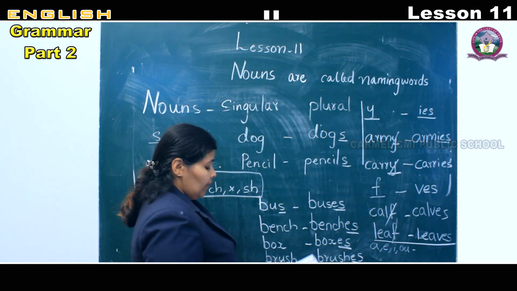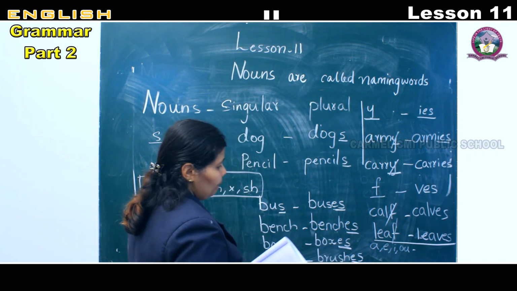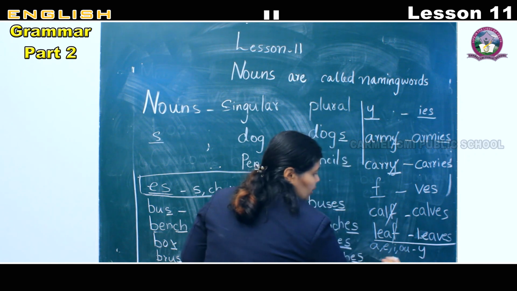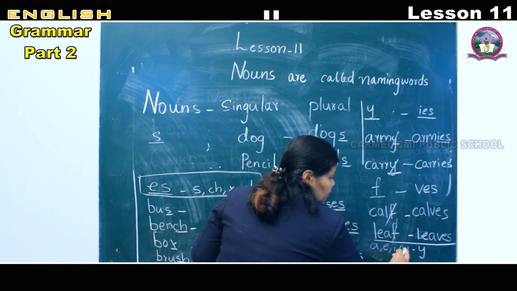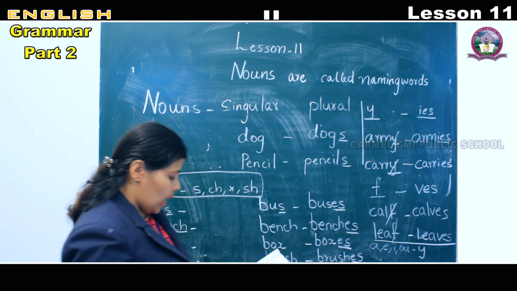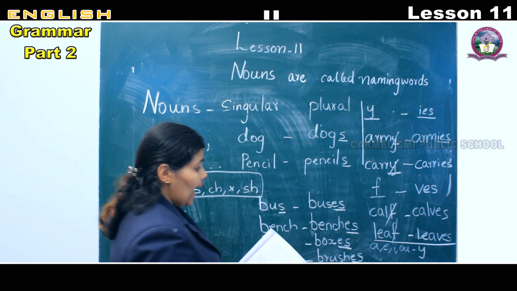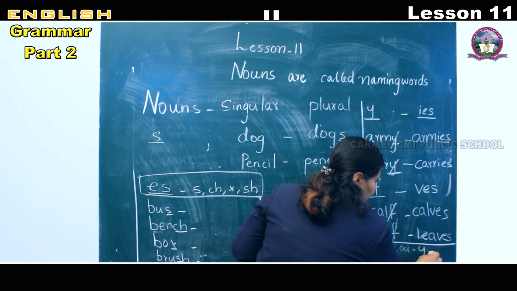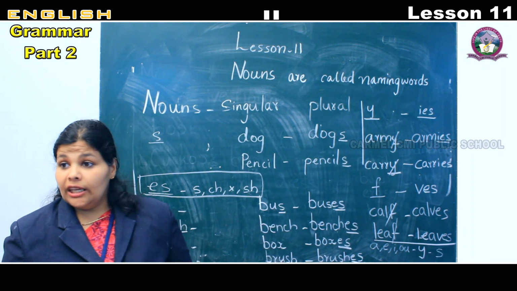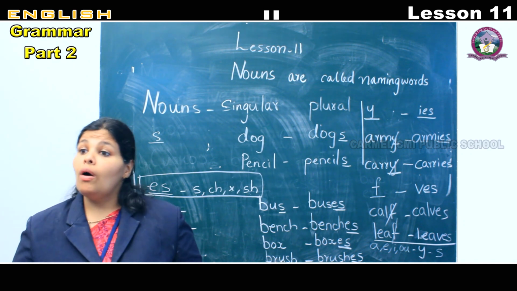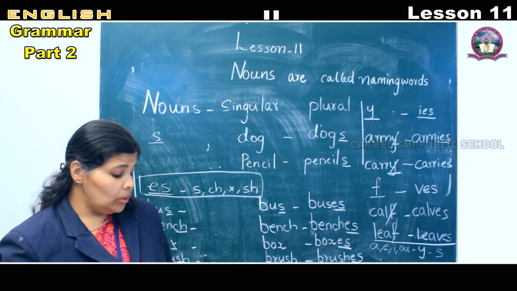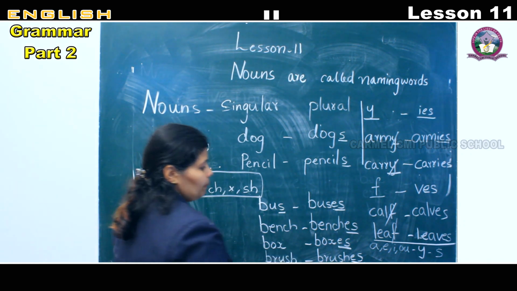Now, when A, E, I, O, U come before Y, when it comes before Y, we simply add S. When A, E, I, O, U comes before Y, we add S to make it into plural.